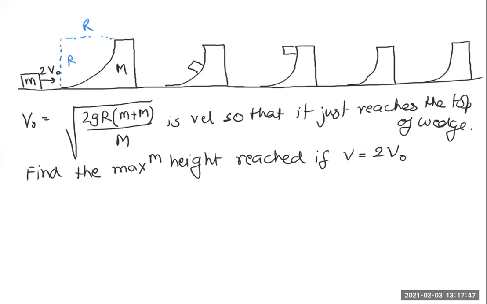But since the initial velocity is greater than the velocity which makes it just reach the top of the wedge, what is going to happen? It is going to go beyond this point.